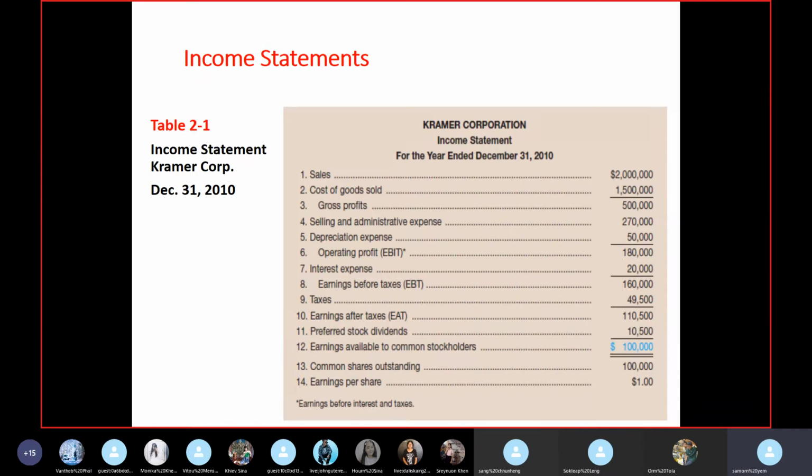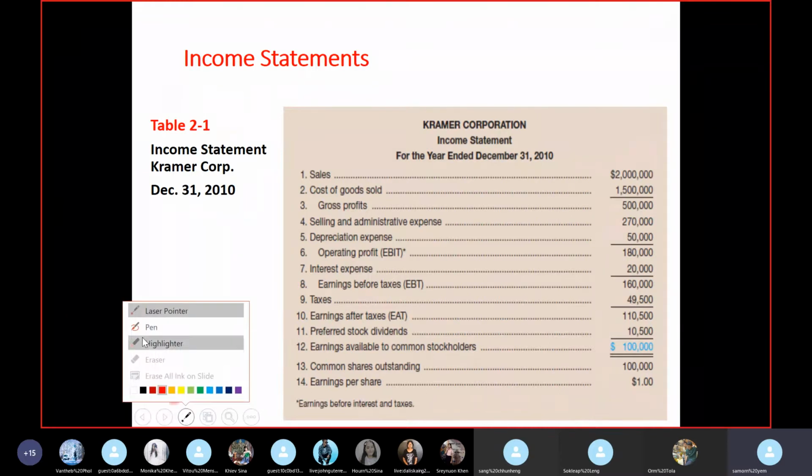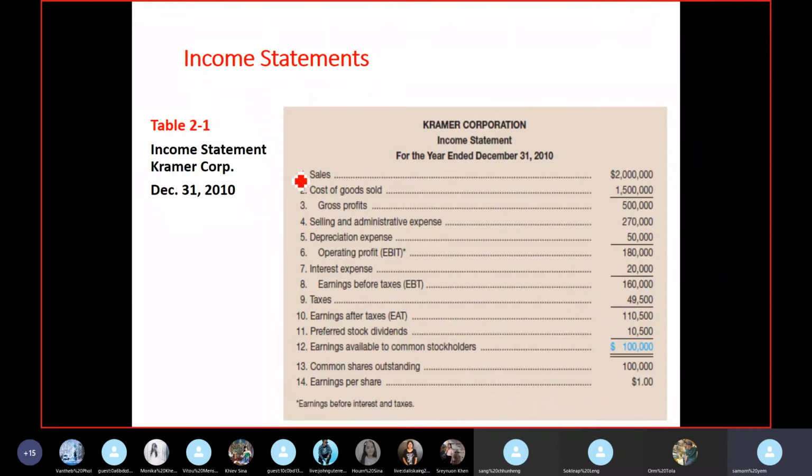This income statement starts from the sales revenue. For 2010, end of year, the total is 2 million. Number 2 is cost of goods sold, and number 3 is the gross profit, coming from sales minus cost of goods sold.